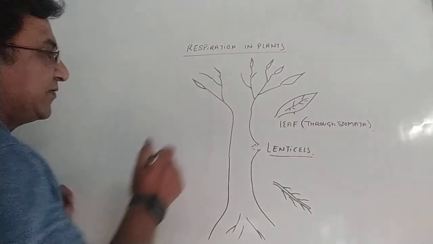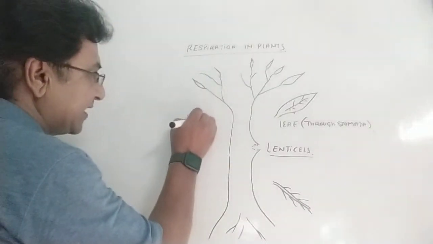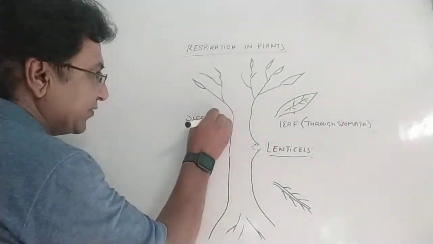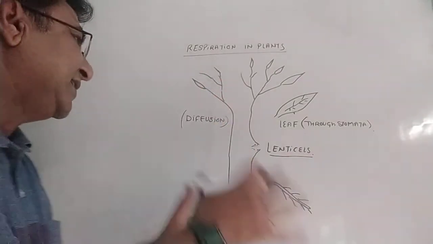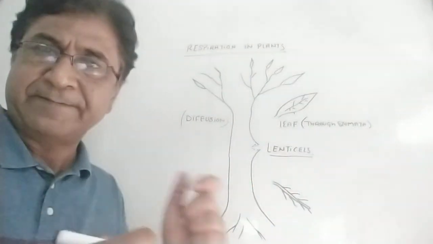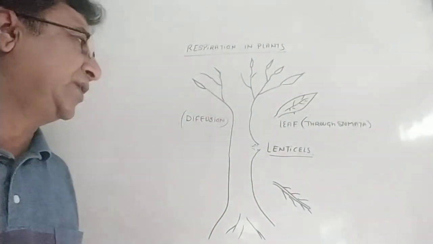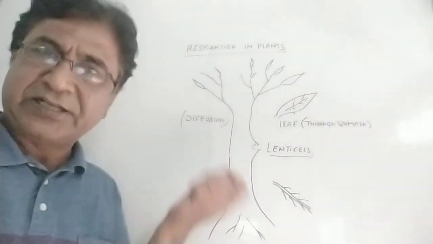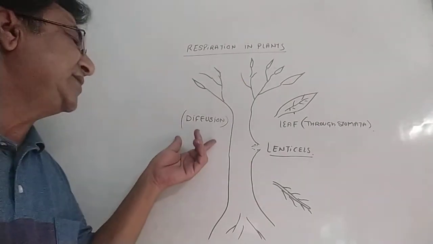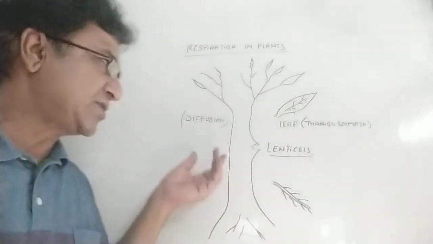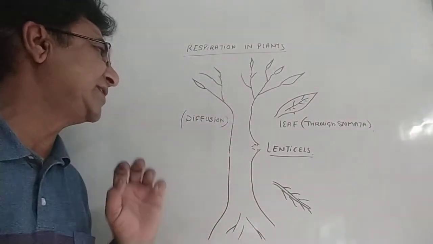The process by which gaseous exchange takes place in plants is diffusion. Plants are sessile, means they are not in motion. They are always sticking to the ground, so the energy requirement in plants is lesser. So the process of diffusion is very much enough.